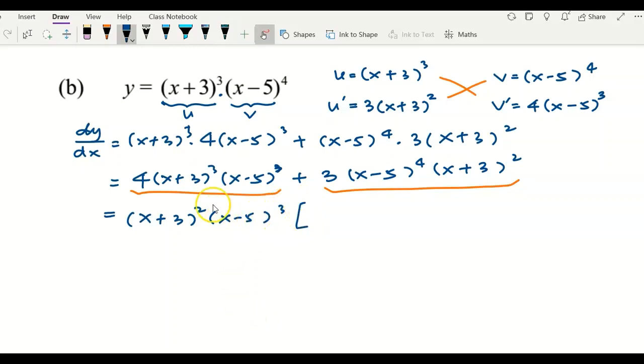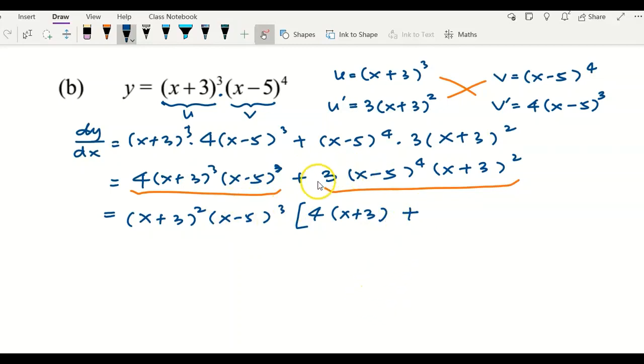After you have done it, then you will consider the first term. If the first term is divided by whatever you factor out, what is left inside the bracket? 4 is left inside. And (x minus 3) to the power of 3, if we factor out (x minus 3) squared, you have your (x minus 3) to the power of 1. And (x minus 5) cubed has already been factored out, so it leaves 1 inside.